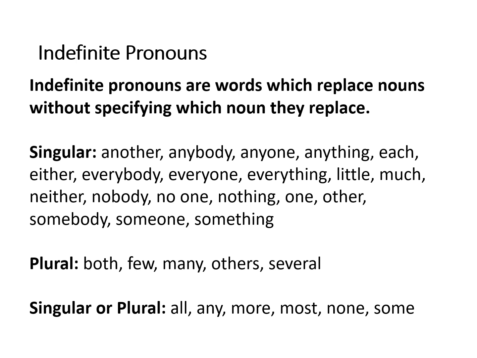Singular indefinite pronouns are another, anybody, anyone, anything, each, either, everybody, everyone, everything, little, much, neither, nobody, no one, nothing, one, other, somebody, someone, and something. When these are used as subject in an English sentence, remember that they are singular, so the verb that follows should also be singular.